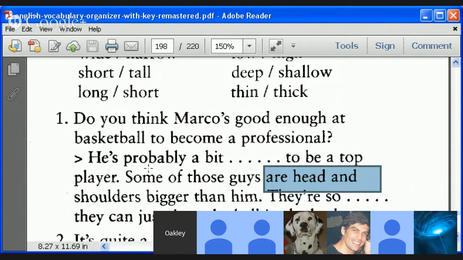If you're head and shoulders above the rest of the class, you have a much higher ability. We can use it to refer to abilities, having a superior ability than others. Or it can be physical, like in this situation here.